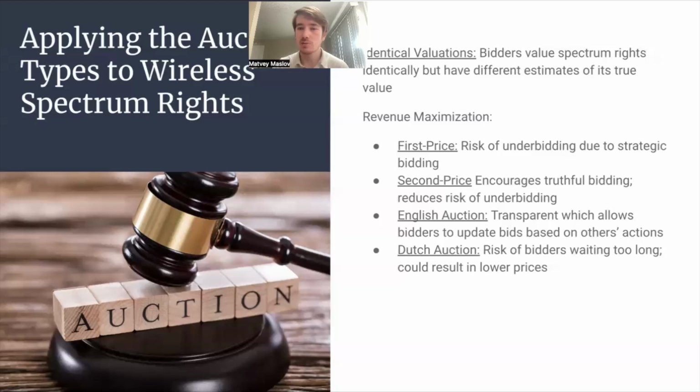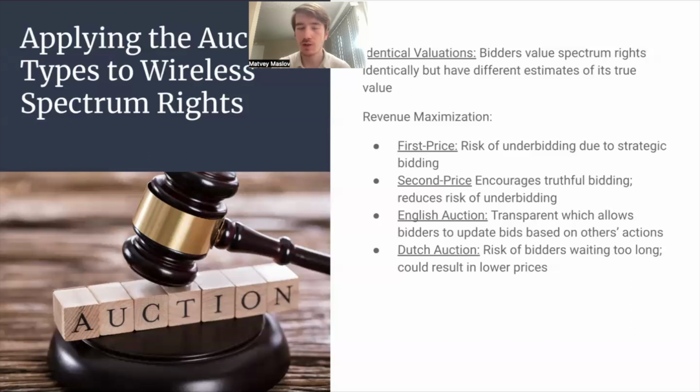For the second price, it encourages truthful bidding and reduces the risk of underbidding, because the winning bidder is going to pay the second highest bid, meaning that they would not be able to lower their bids on purpose without knowing it. As a result, it's going to be seen as a more fair assessment for the actual wireless spectrum rights.